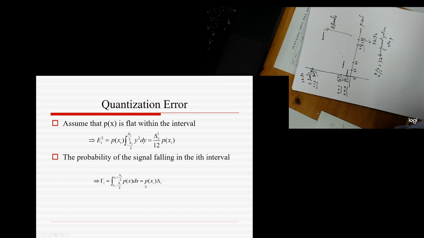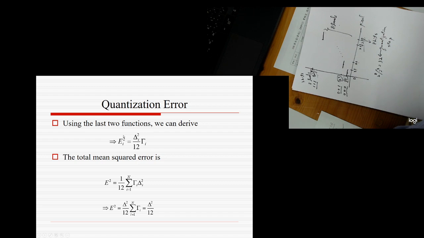So you can see we can derive the relationship between E i and tau i, and the total mean square error comes out, because we assume we have n quantization representative levels. So we sum them together, because this one is just for one quantization level: what the error contribution of one quantization level is, and this one is for many quantization levels, what the total distortion is.